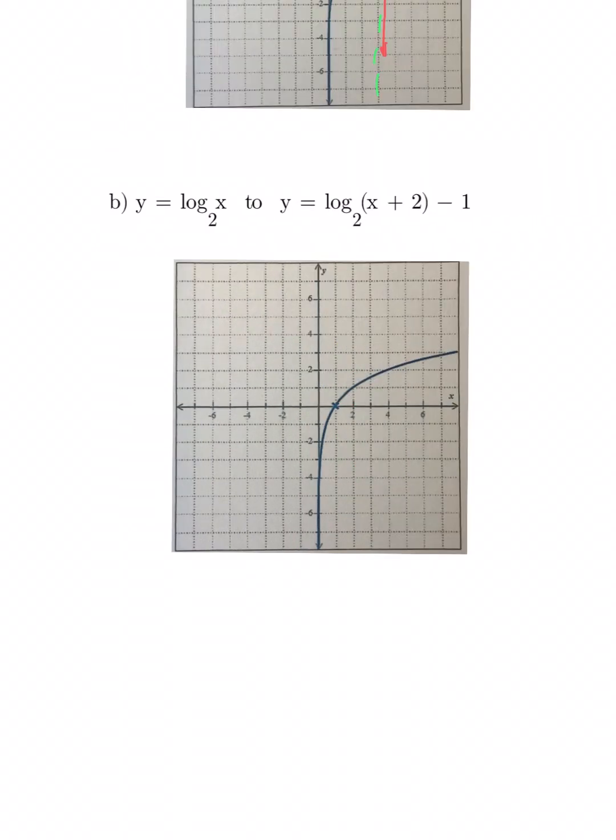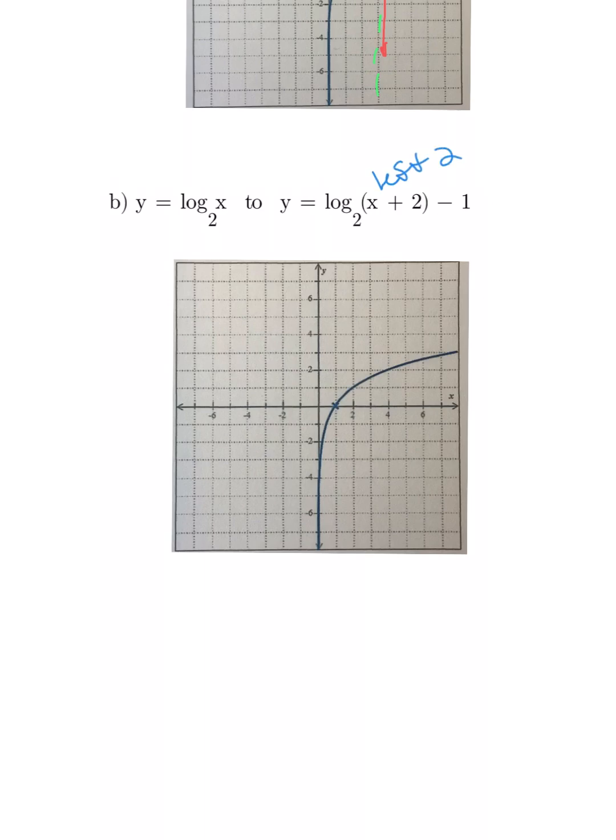This time we are given the graph of y equals log base 2 of x, and we are to translate it to y equals log base 2 of the quantity x plus 2 minus 1. The inside the quantity is a right-left motion. Since this is a plus, that means we need to go left 2.